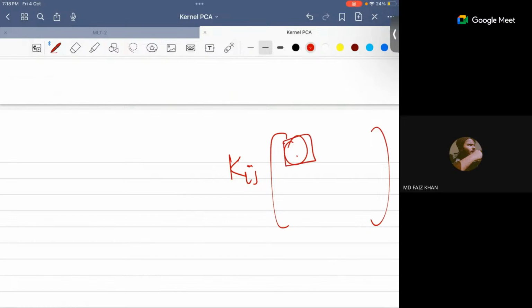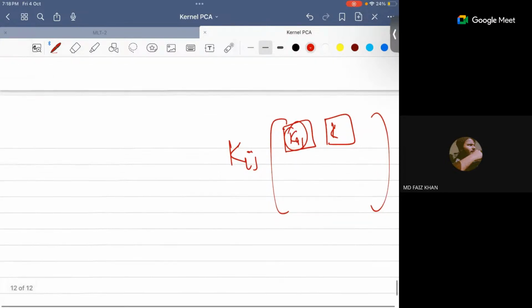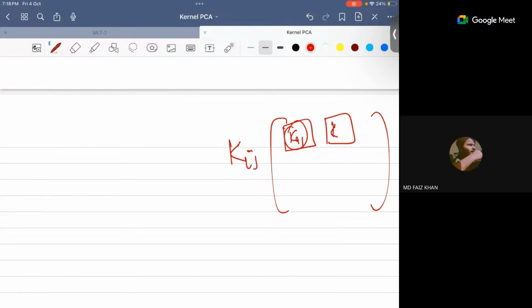If here you have to write k of I, that means the similarity between two vectors, right? Similarly here if you write k of 1 2, then that also is the similarity between two vectors. Similarly for all the values available in your matrix, the covariance matrix of the transformed matrix, that is in the form of similarity between the transformed vectors, right?